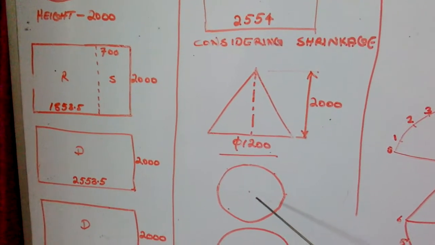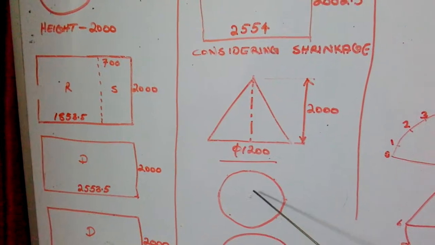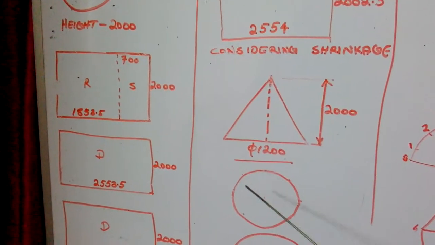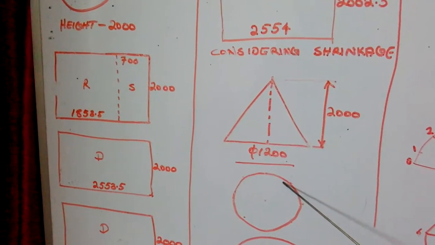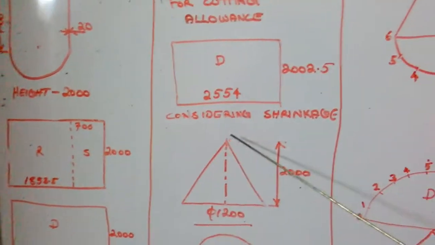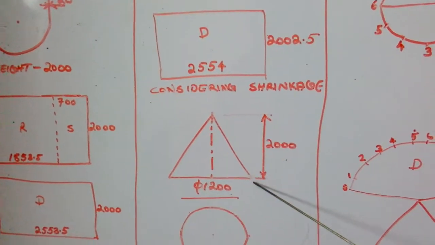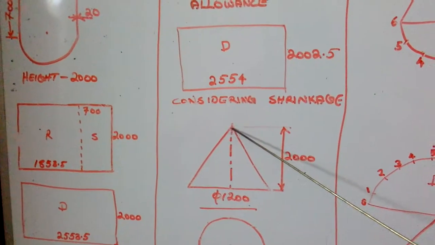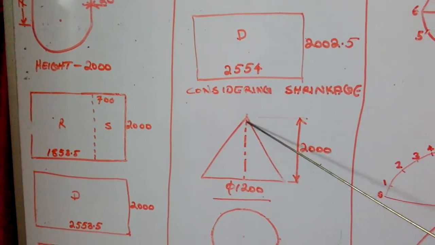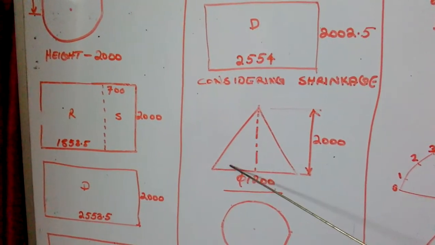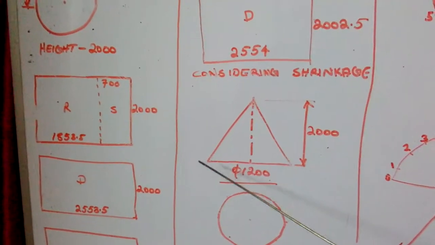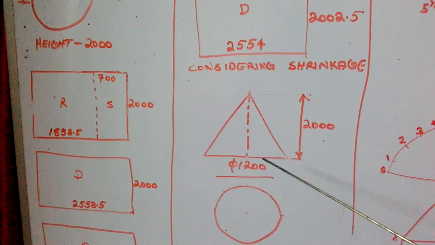Everybody knows it. All lengths from center to this portion will be same. All length from here to here, here to this side, here to here is same. Every portion, because it is a round shaped job.